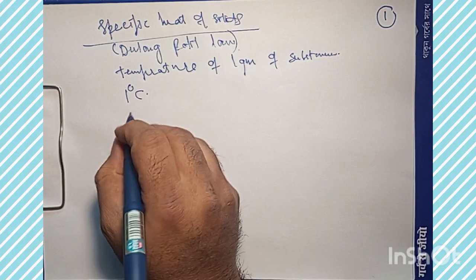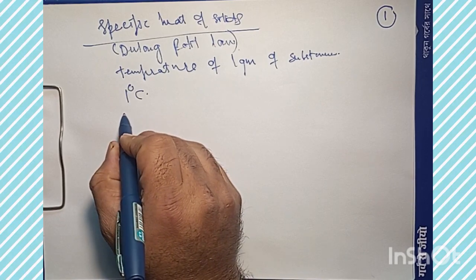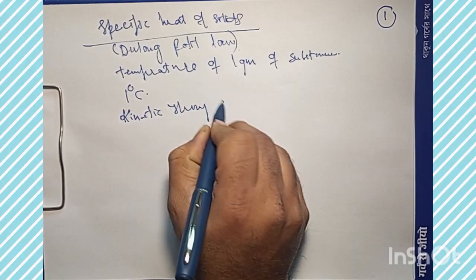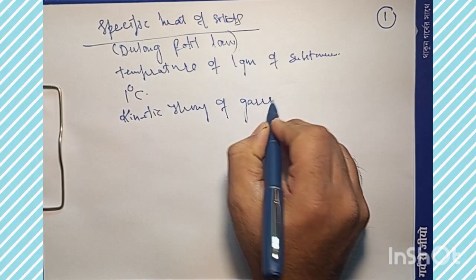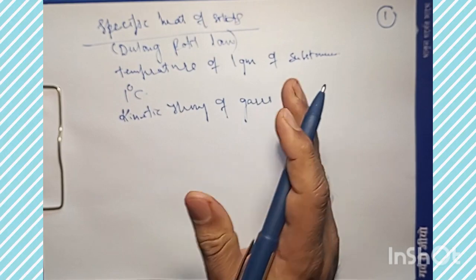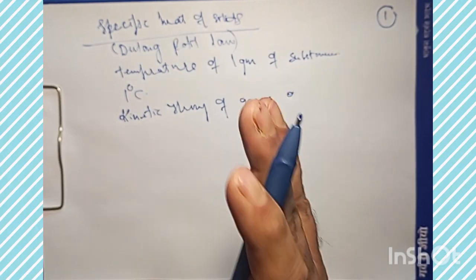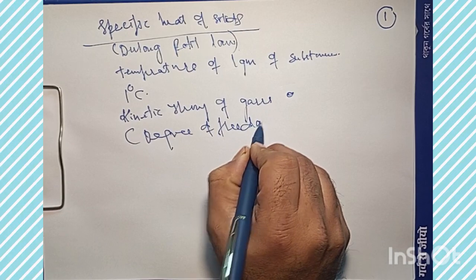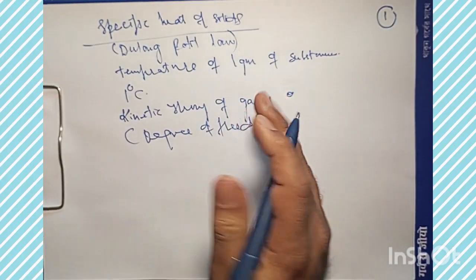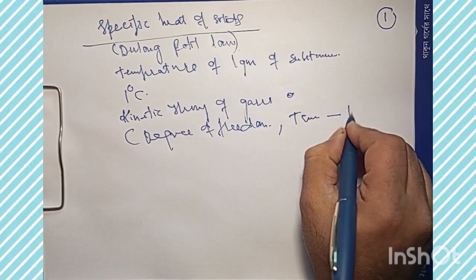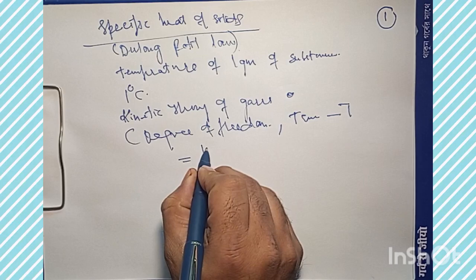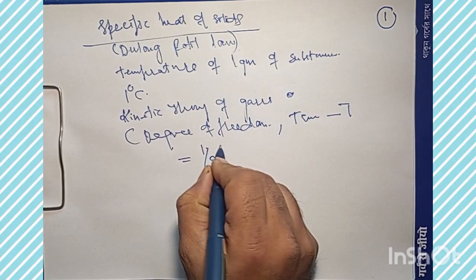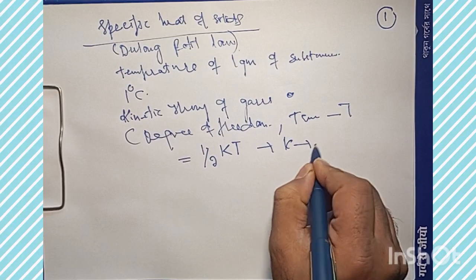And if we go back to kinetic theory of gases, from the kinetic theory of gases point of view, according to this theory, the mean kinetic energy of each degree of freedom of a gas molecule at any temperature, say T, the mean energy that's associated with 1 degree of freedom is equal to 1 by 2 kT, where this k is the Boltzmann constant.